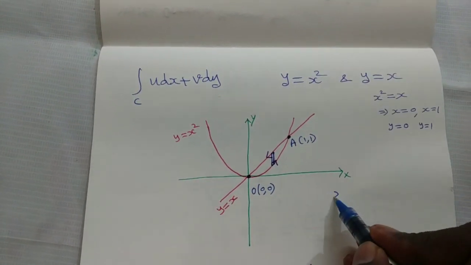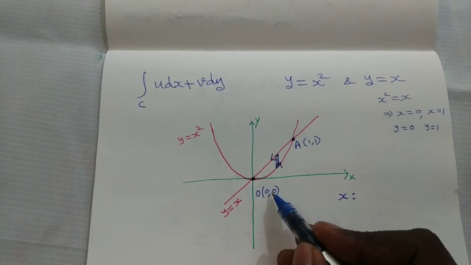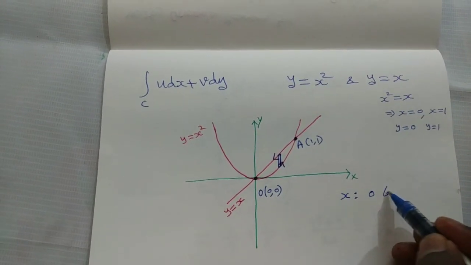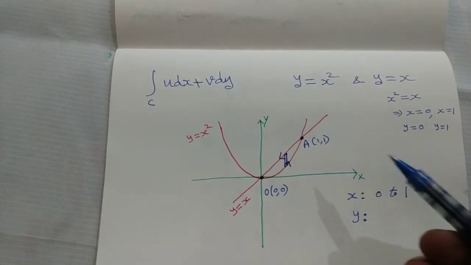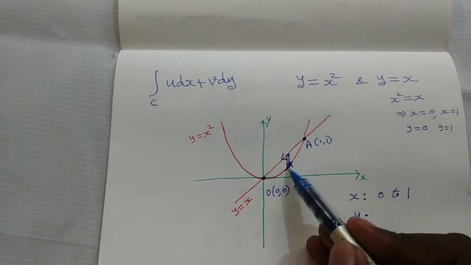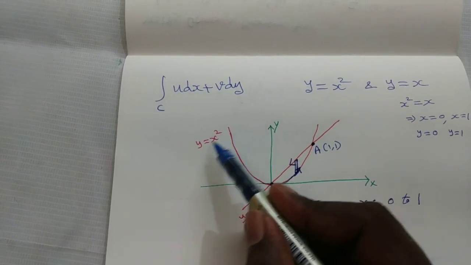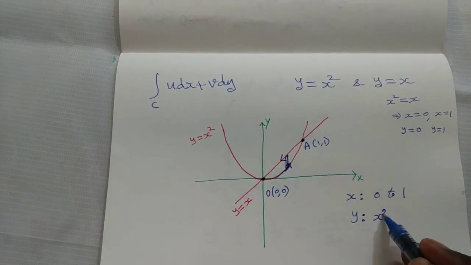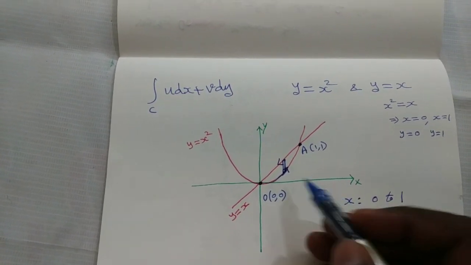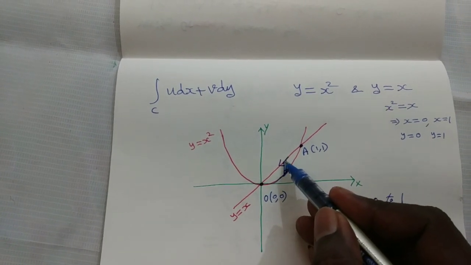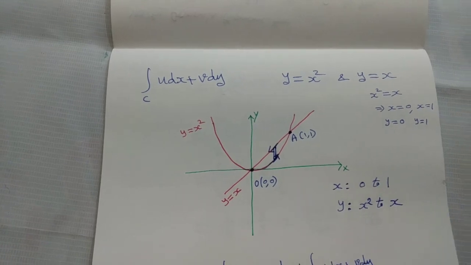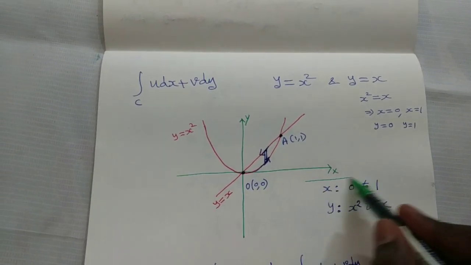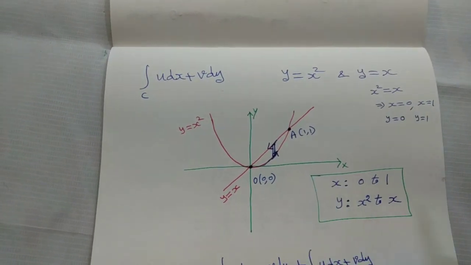So the x limit is 0 to 1. But the y limit is variable because it is a vertical strip. This strip starts from the parabola y equals x square and ends at the straight line y equals x. So this is the limit I am going to use for the vertical strip.